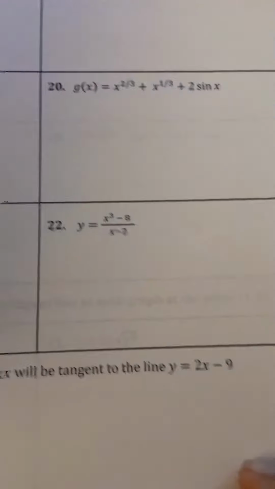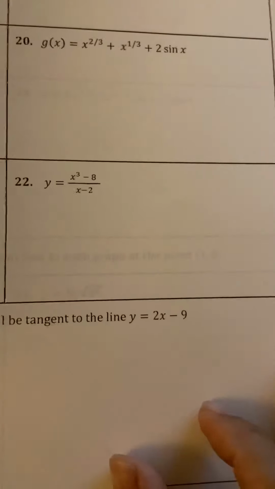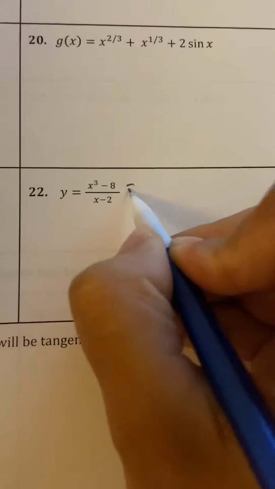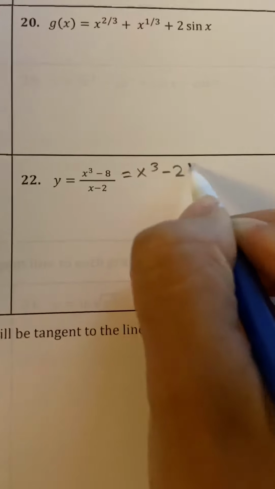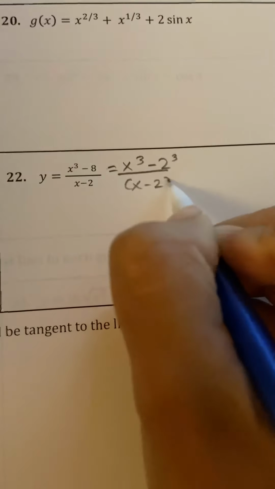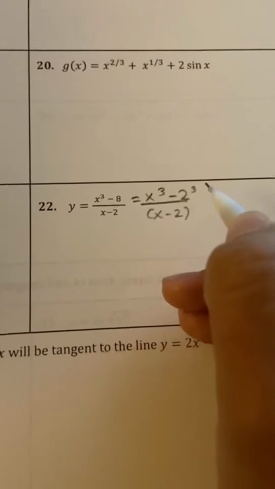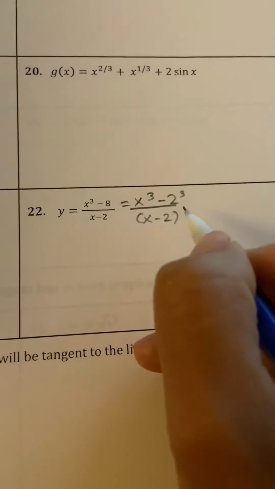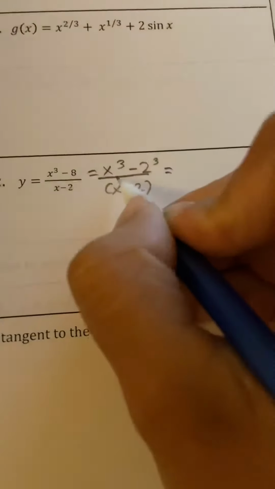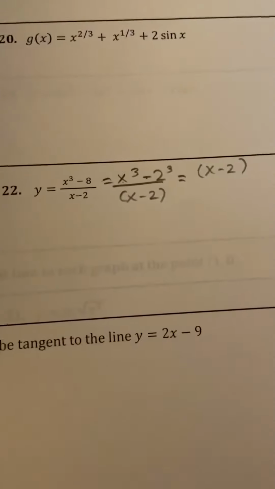Which one else? Oh, let's work on 22. Here we have to rewrite. This is a difference of cubes because this can be rewritten as 2 cubed, right? 2 cubed is 8, so I would have that x minus 2. Oh, I think I said squares the first time, but guys, it's a difference of cubes. You follow a formula for this. You keep this guy exactly the same, x minus 2, without the cubes, right?